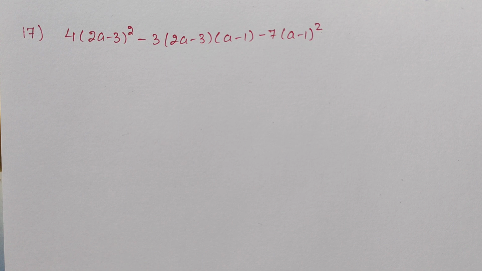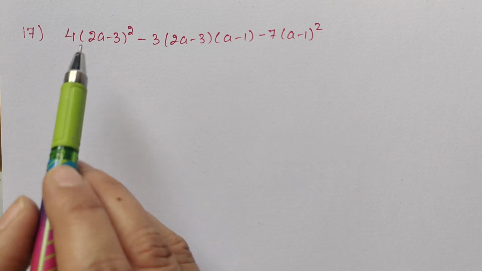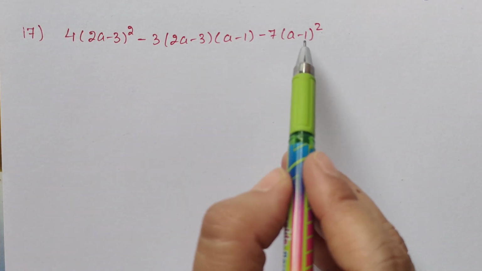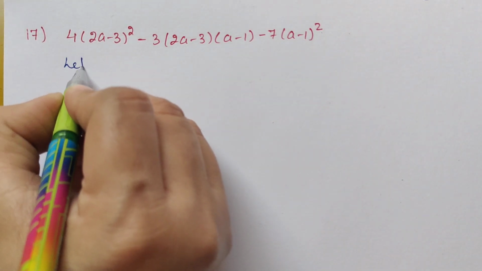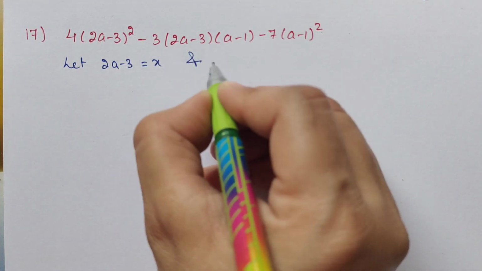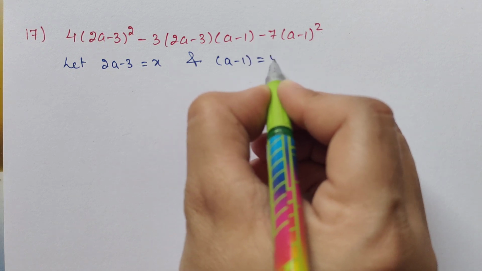Next, 17th question: 4(2a − 3)² − 3(2a − 3)(a − 1) − 7(a − 1)². Here this first bracket we will take as x and this bracket we will take as y. So let 2a − 3 = x and a − 1 = y.